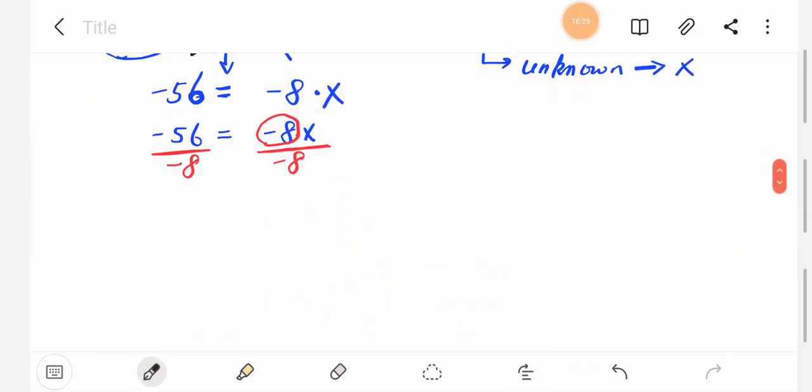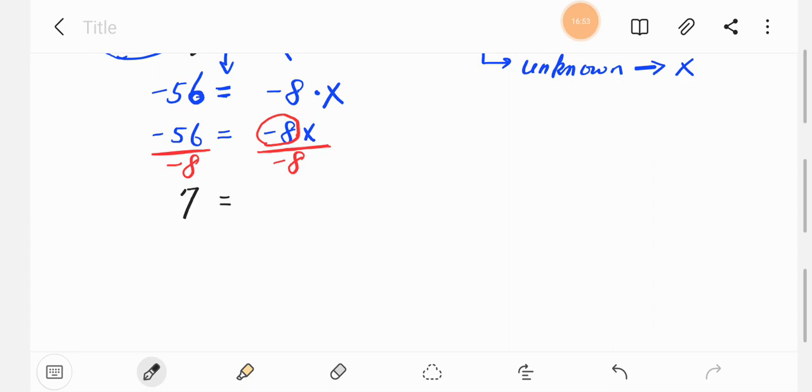Okay. Then the left side of the equation is negative 56 divided by negative 8. Two numbers have the same sign, so the result is positive, right? So 56 divided by 8 is 7. So positive 7.